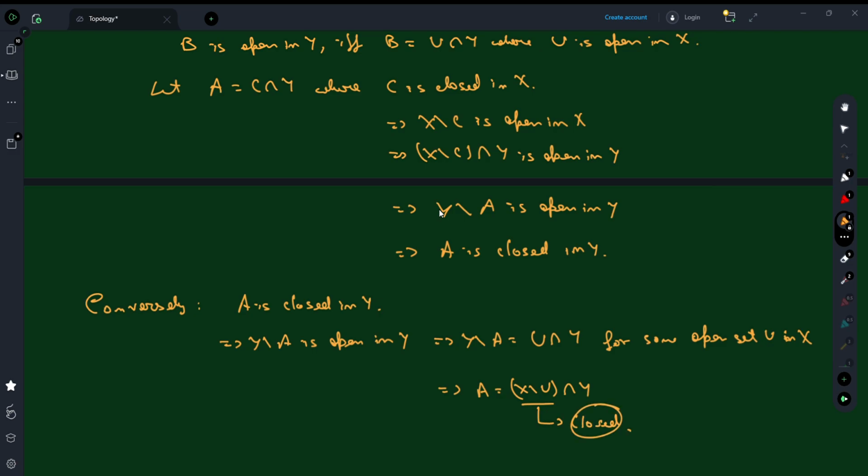So it's the intersection of a closed set with Y. So that's the proof.